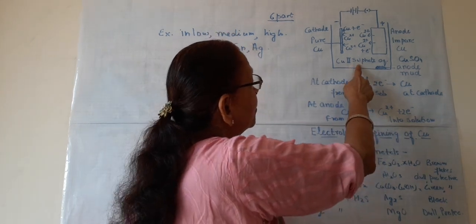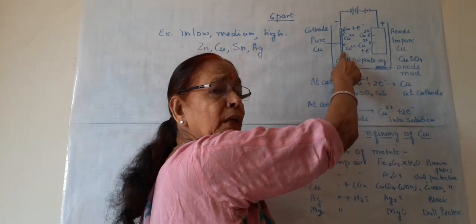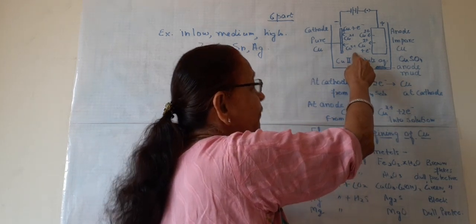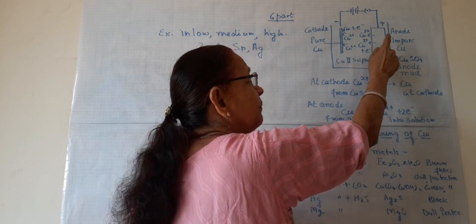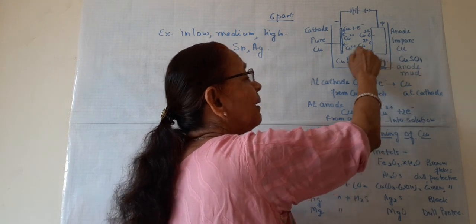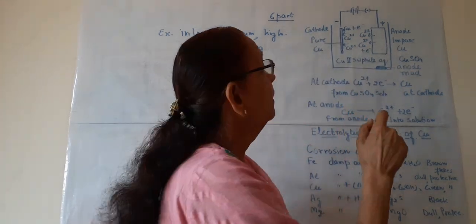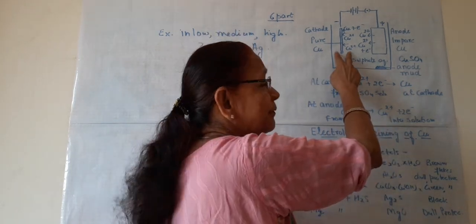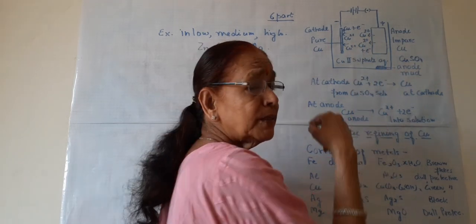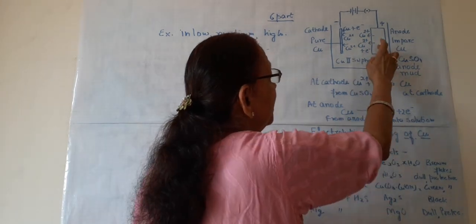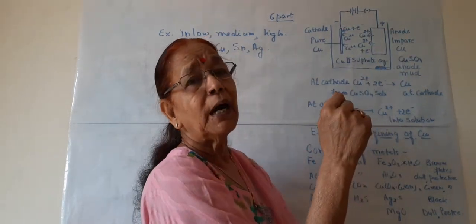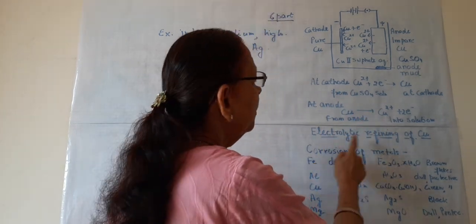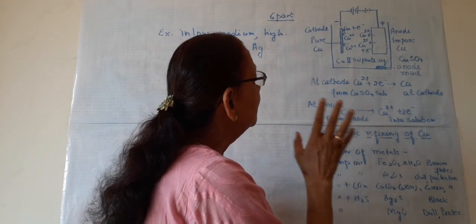So from the salt solution, pure metal will be deposited here, and to fill the gap from the impure block, the metal will come into the solution. In this way, a cycle goes on and this becomes fat and pure, and this is destroyed or finished, and we have to put again the impure block. In this way, electrolytic refining of metals is done.